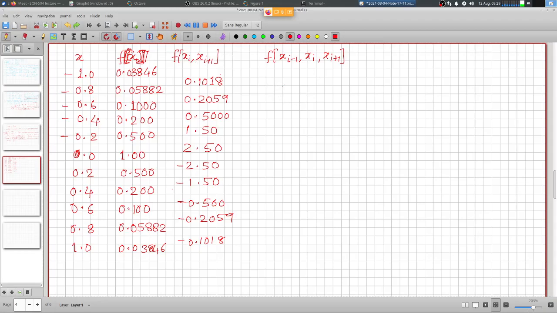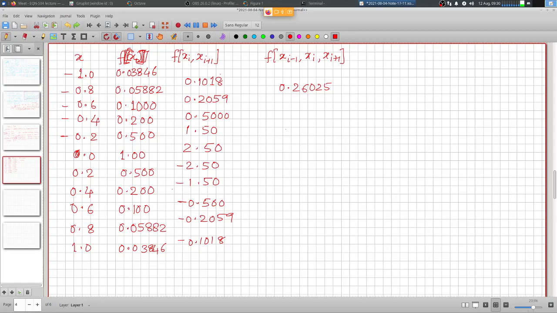So this simply evaluates to 0.26025. And similarly, now if I take the second order difference between 0.2059 and 0.5, then I would be looking at the interval between minus 0.8 and minus 0.4.